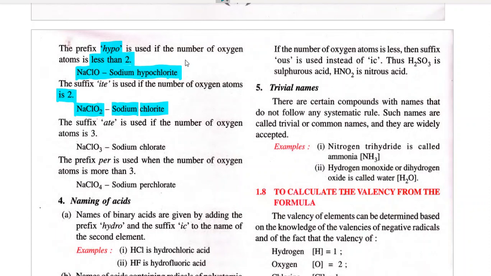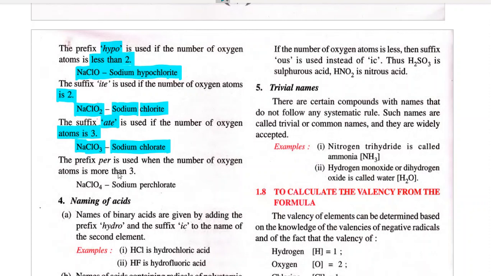If I've said IDE, it's wrong. It is ITE. Sodium hypochlorite, sodium chlorite. But if the number of oxygen atoms is 3, then you use the suffix ATE. Okay, so sodium chlorate.